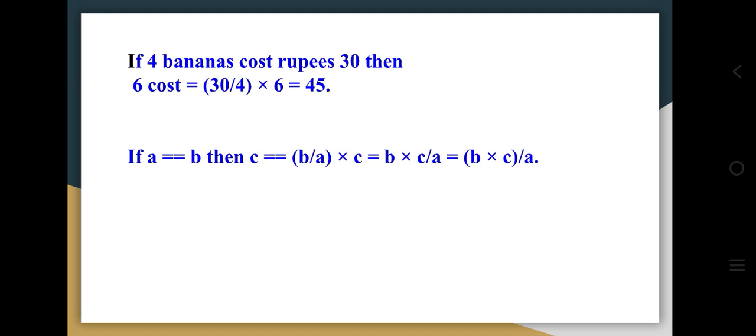So in simple interest problem also we can use, if A corresponds to B, then C corresponds to B by A into C. If you understand this basic, we can do any problem on simple interest.